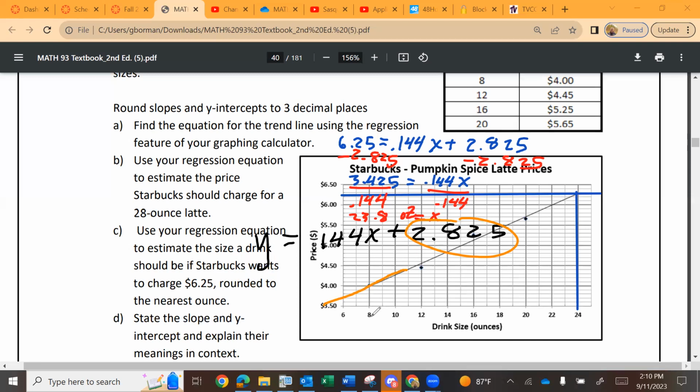Clearly, I didn't draw that perfectly well, or the author didn't, whatever. But that's where it's going to hit the y-axis. In other words, it's going to hit the y-axis at (0, 2.825).